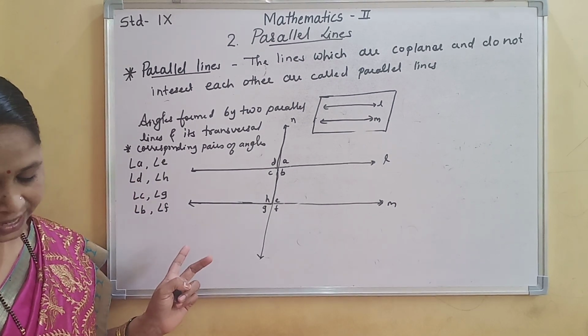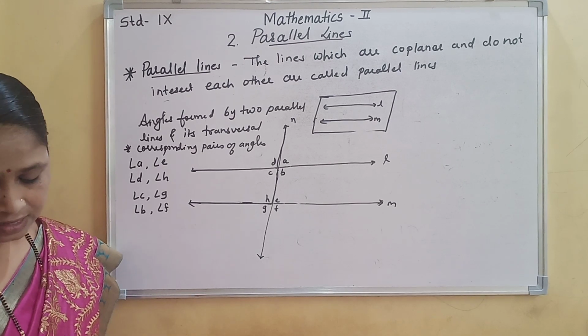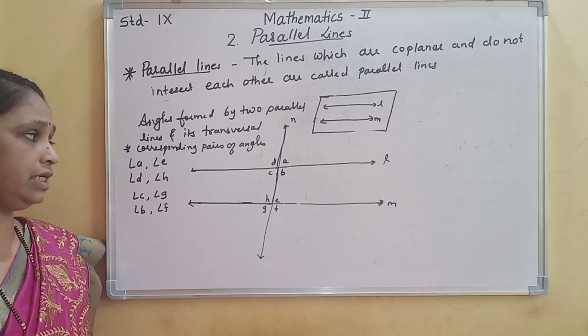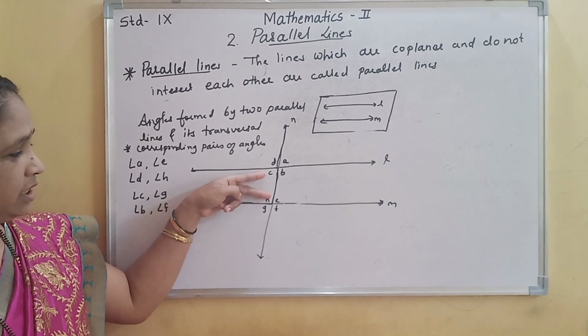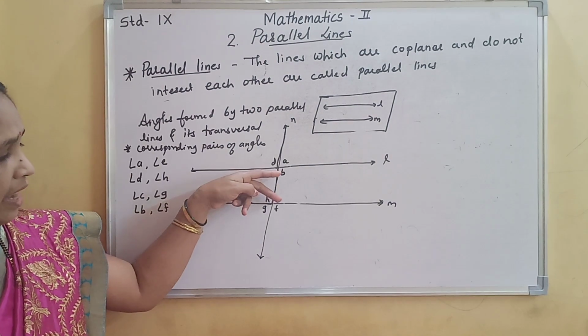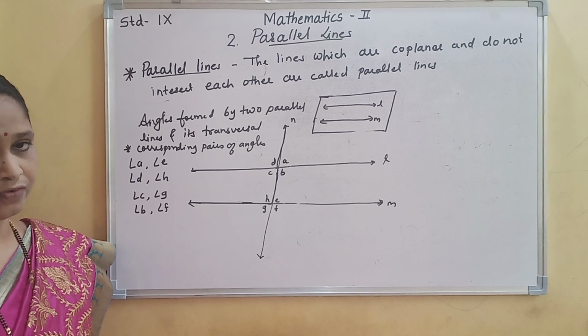The next type of angles are pairs of alternate interior angles. Which are the interior angles? Interior means inside angles. Angle C and H, angle B and angle E are the interior pairs of angles.